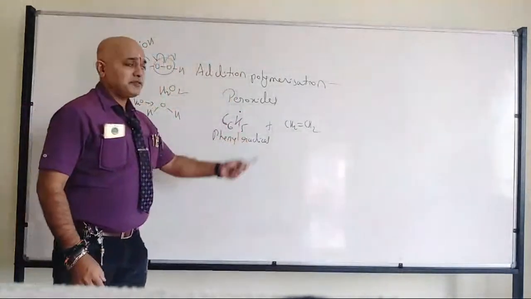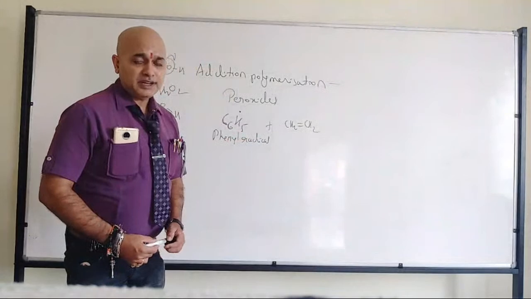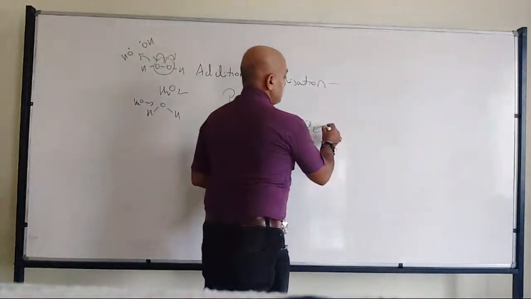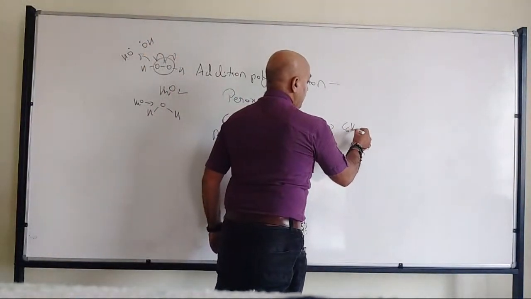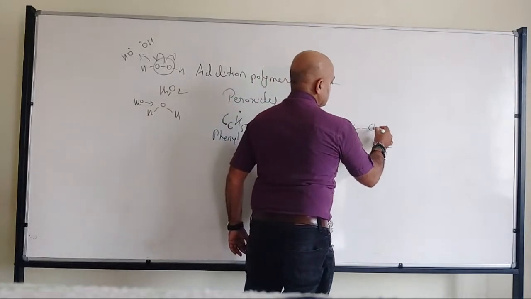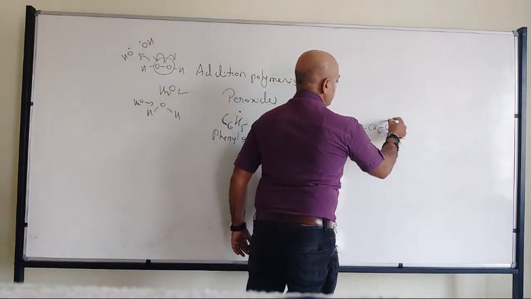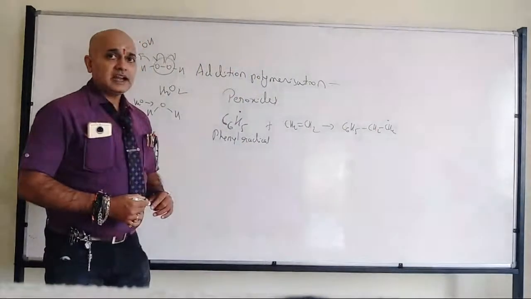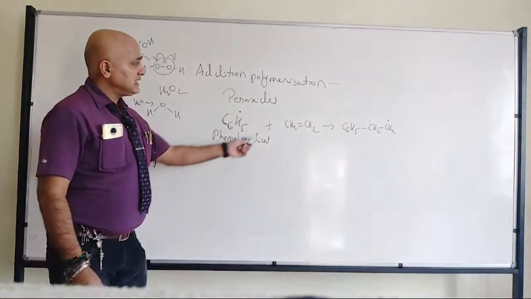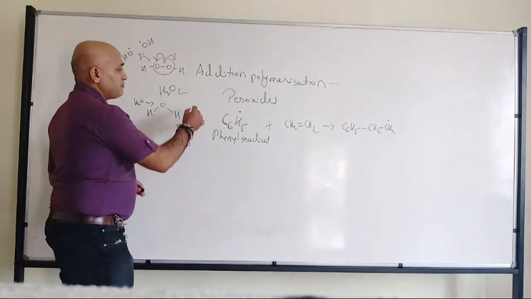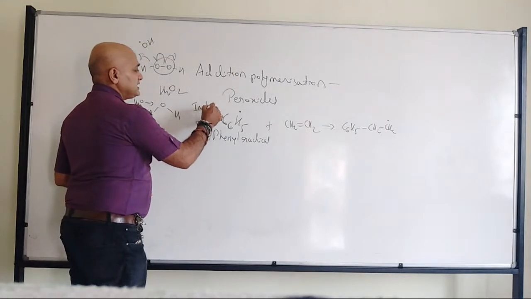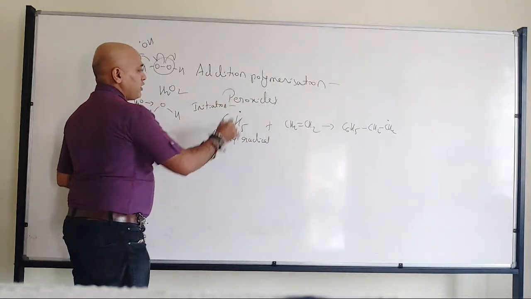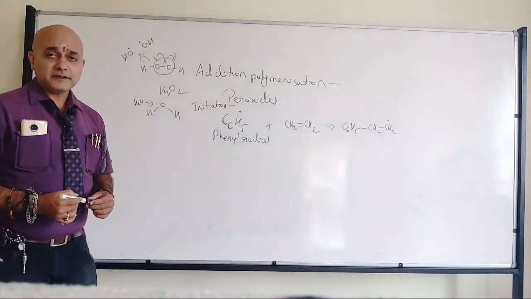It's going to interact with ethene, which will lead to formation of another radical, CH2 radical. Now the growth will start. Whatever step I have written, it is initiation. That means there will be formation of a radical.